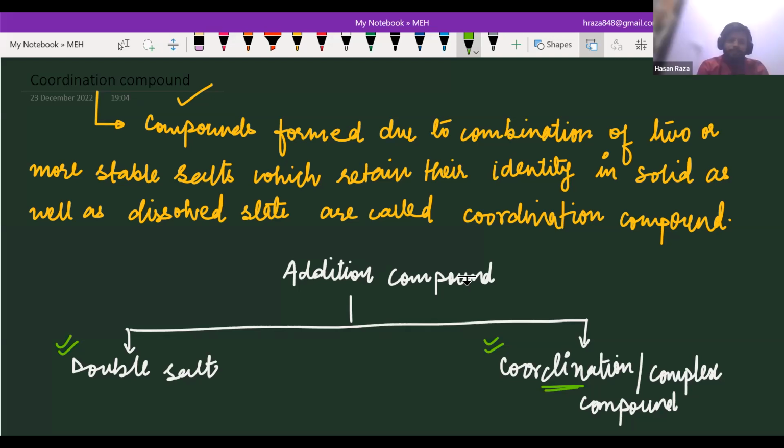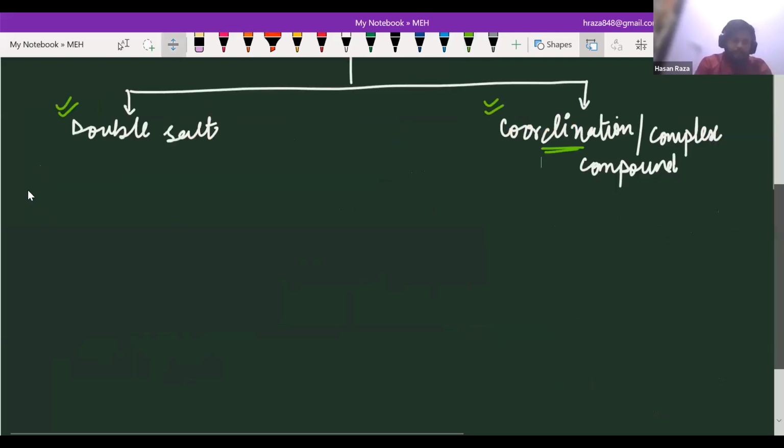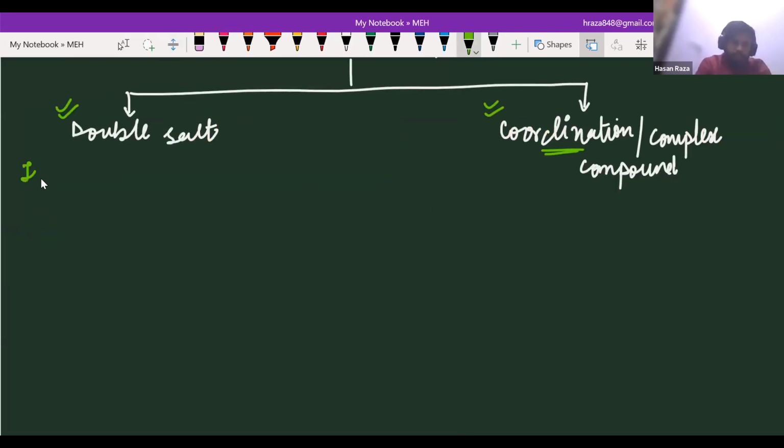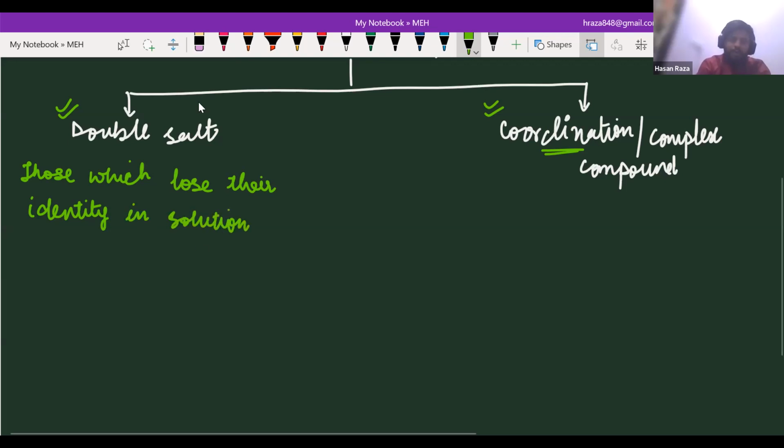Now I'm going to differentiate between these two, which is very easy. Basically, double salts are those which lose their identity in solution.